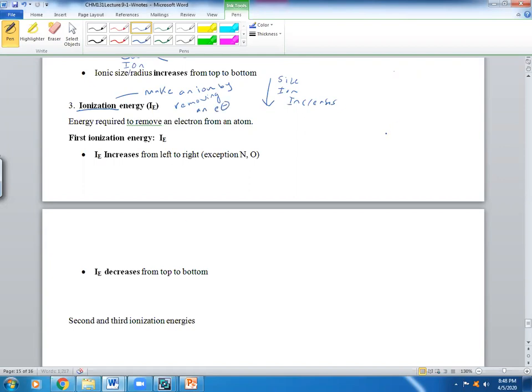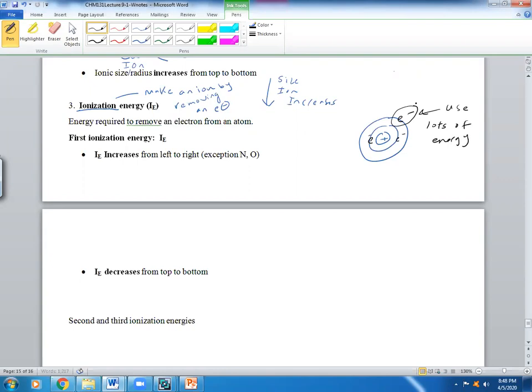So when you have a nucleus, and let's say you have the first shell and the second shell, and you have the electrons here, the first shell, and let's say you have an electron in the third shell, and the second shell. In order for you to move this whole thing outside of the atom to make an ion, you have to use lots of energy, comparably.